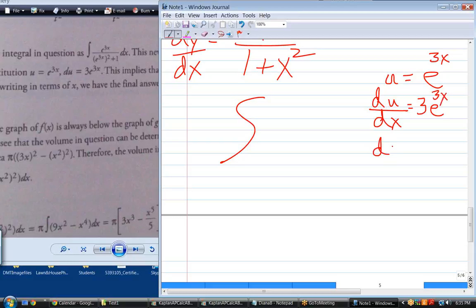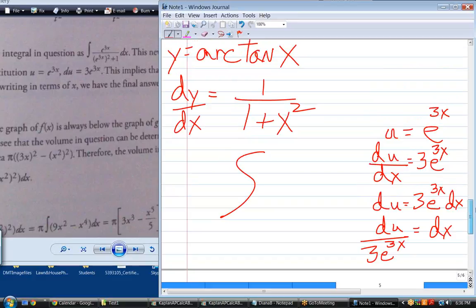And I want to really solve for dx. So I treat them like fractions. And now dx becomes du over 3e to the 3x.